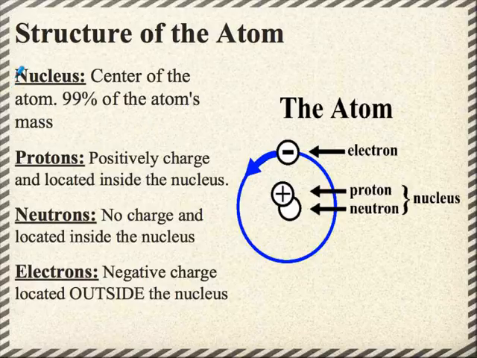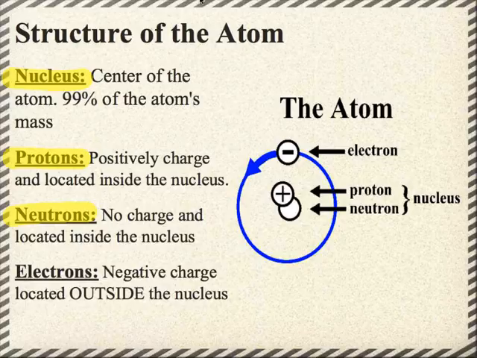Number one is the nucleus. This is just a location, the center. You probably learned something about the nucleus last year when you talked about cells. Just like cells, atoms have a nucleus. Inside that nucleus, you have two things: protons and neutrons.